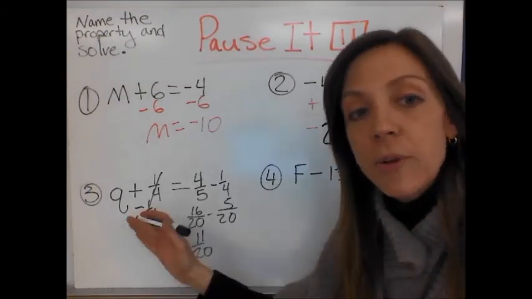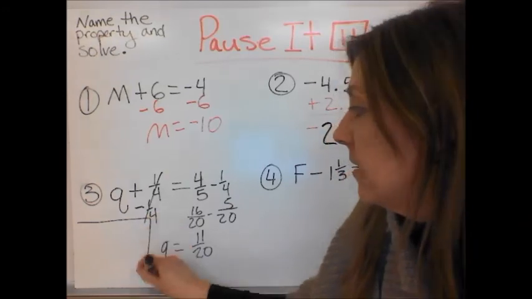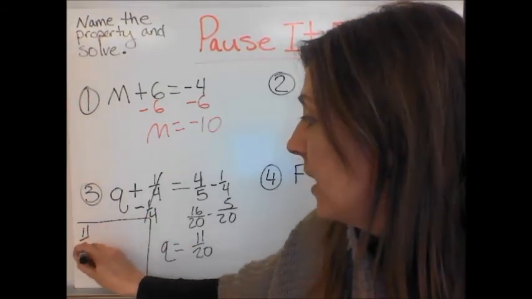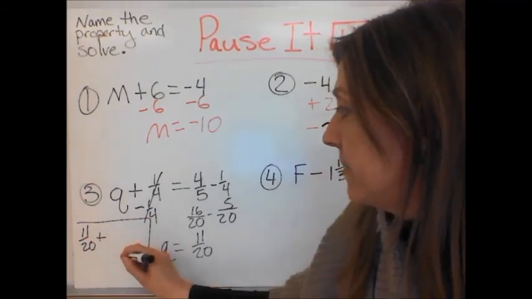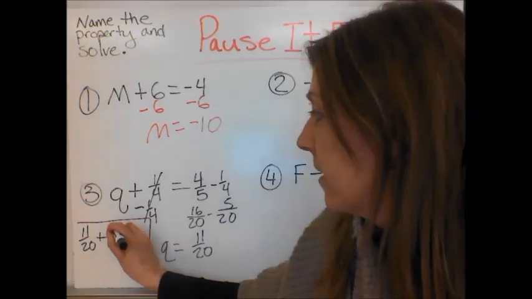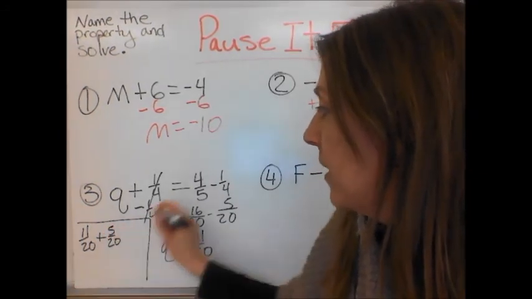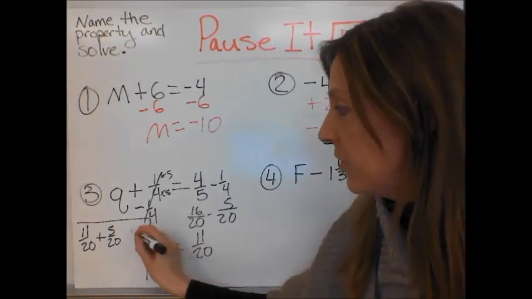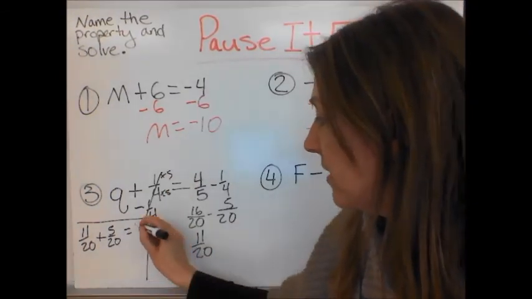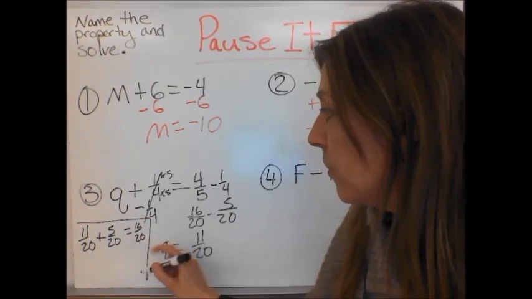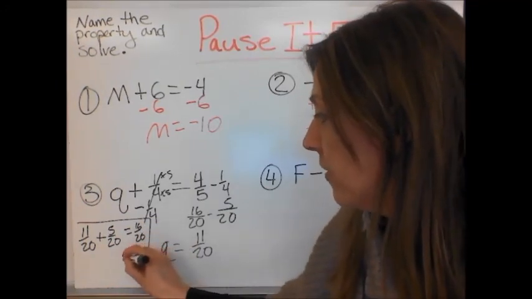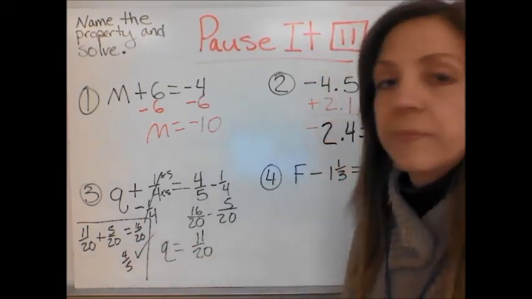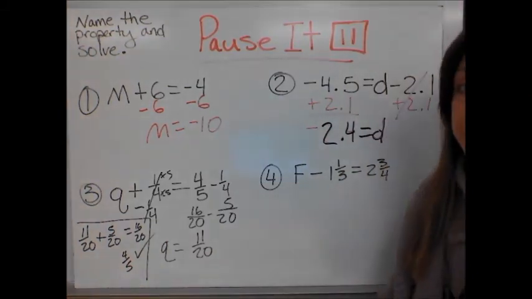And if I plug in 11/20 for Q, I end up with 11/20 plus 5/20, which is what this becomes when I get common denominators, which is 16/20, which reduces to 4/5. So it works.